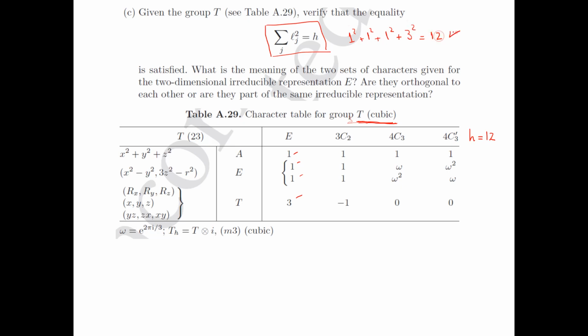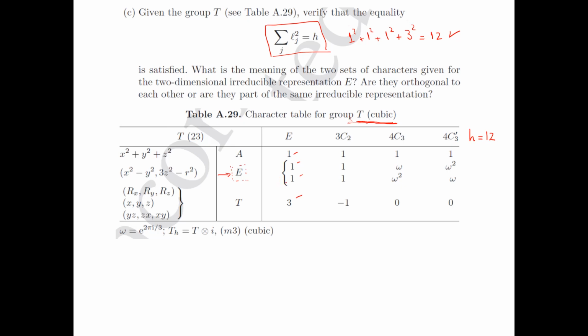Okay. What else? What is the meaning of the two sets of characters given for the two-dimensional irreducible representation E? Again, we have seen that before for the group C3. Sometimes you use the same letter E to indicate two 1D irreducible representations that are related by time reversal symmetry.